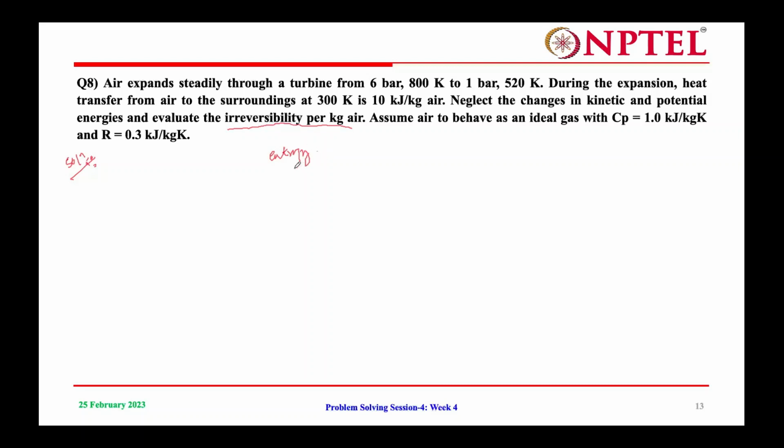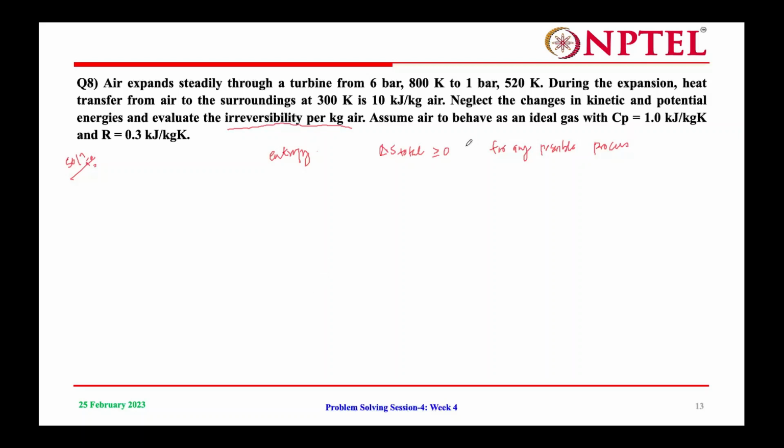Right. So when any process is possible, delta S total is greater than or equal to 0 for any possible process. Right.